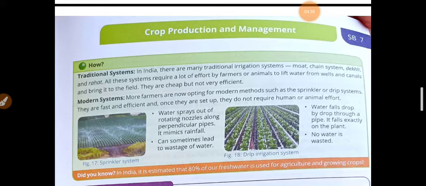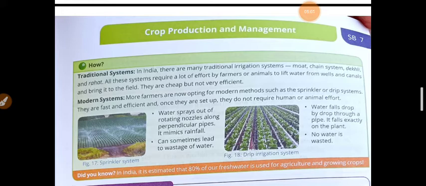It mimics rainfall and can sometimes lead to water wastage, because sometimes the sprinkler is rotating, it has to reach the end part of the ground, but that distance is more, so the water also falls on the floor near the entrance point. You have seen sometimes it's wet, right? So there is wastage of water, but it mimics falling rain.